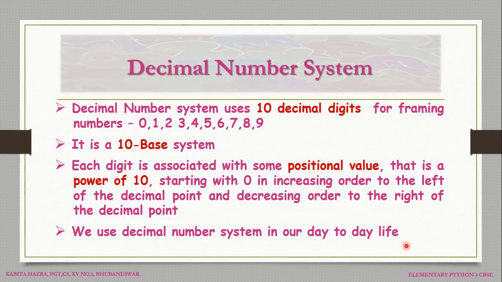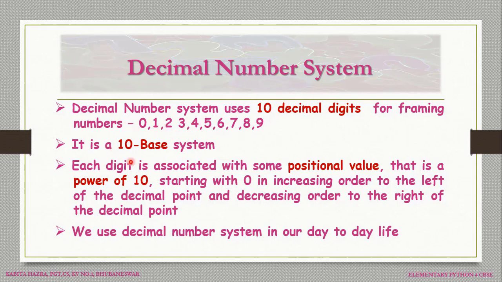The decimal number system is used in our day-to-day life, and it is so called because it has 10 digits, starting from 0 to 9. That means any number can be framed using a combination of these 10 digits.